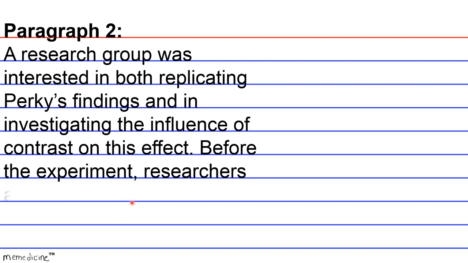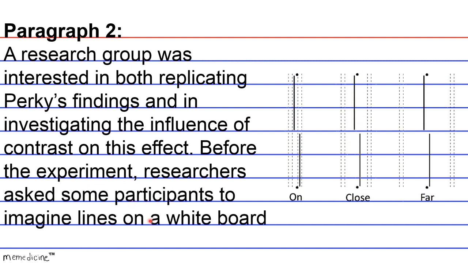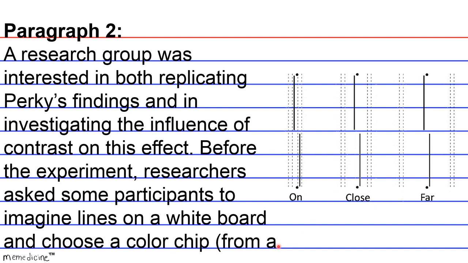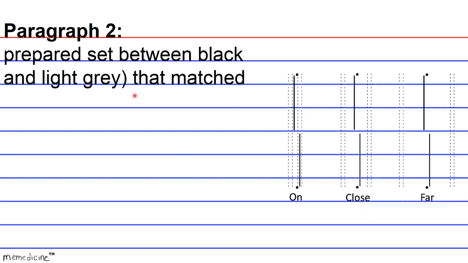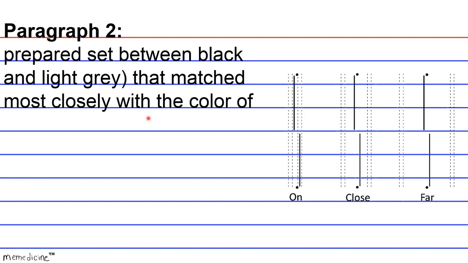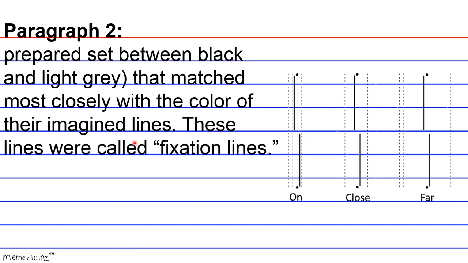Before the experiment, researchers asked some participants to imagine lines on a whiteboard, these lines here, and choose a color chip, these dots adjacent to the lines, from a prepared set between black and light gray that matched most closely with the color of their imagined lines. These lines were called fixation lines.